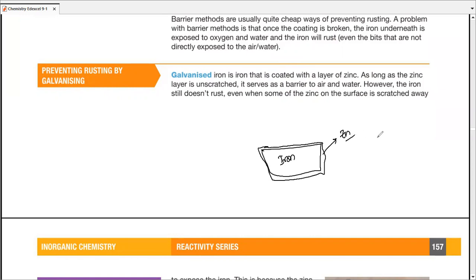Now, if you go back to the reactivity series, you'd understand that zinc is up top and iron is comparatively on a lower position, which means zinc is more reactive, which means when it would be exposed to air and water, zinc would react and will not let iron react, which means zinc is going to keep iron safe because it will not let it react.